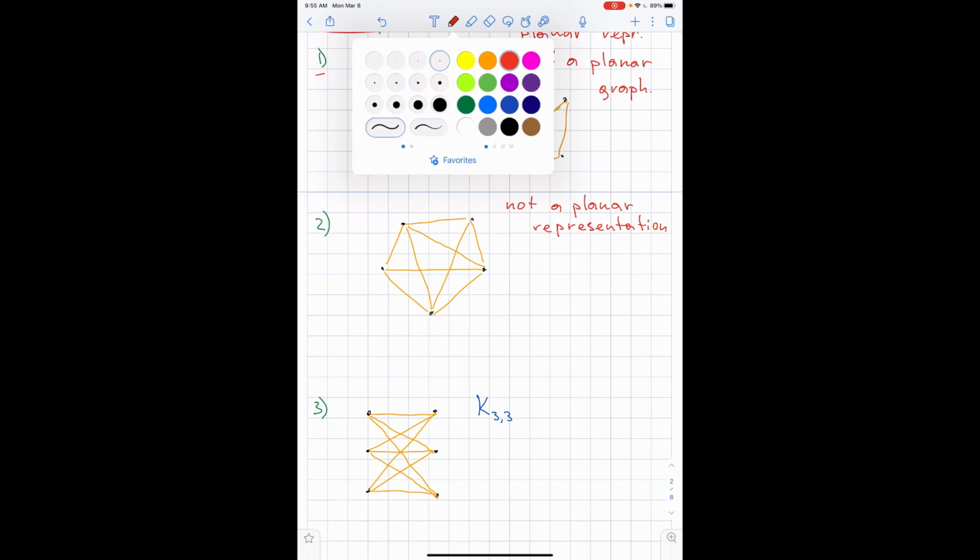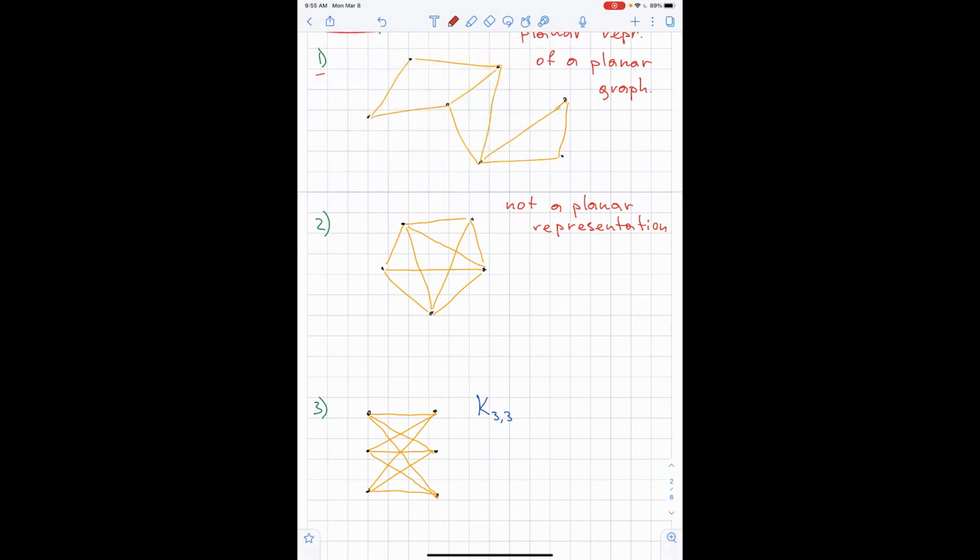So this particular drawing is not a planar representation, but the graph is planar. Once again, the reason is that we can redraw it in a different way so that there are no internal intersections of edges.